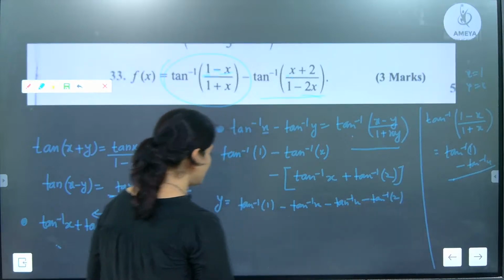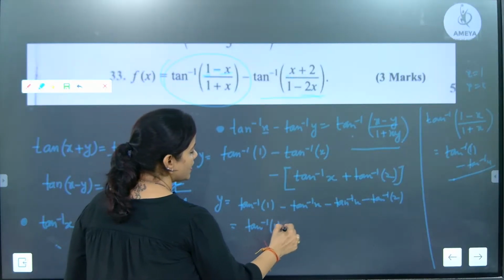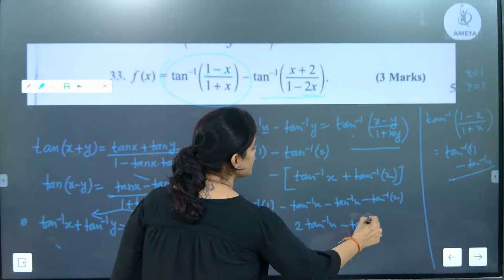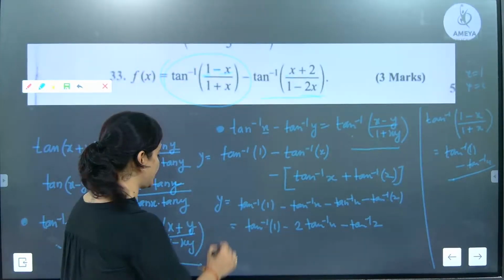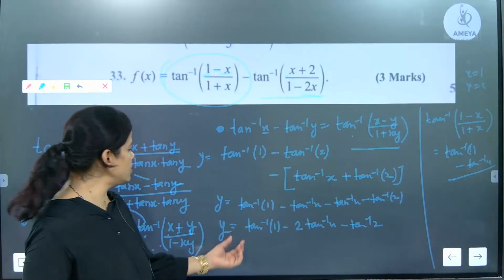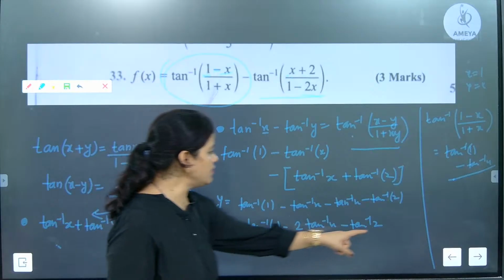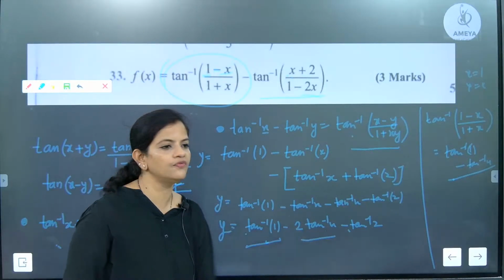Come on, these are very expensive questions. Don't make mistakes in this. So tan⁻¹1 - 2 tan⁻¹x - tan⁻¹2. Now beta, direct differentiation. Go for it. I am telling you now, go for it. The differentiation of tan⁻¹ of a constant will become 0. What you need is tan⁻¹x.